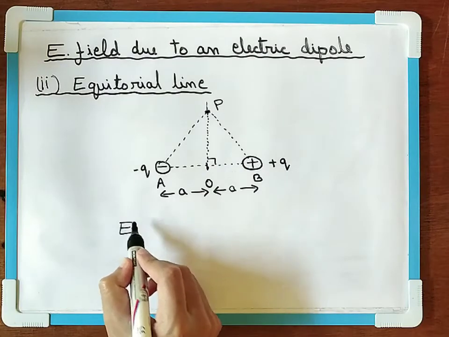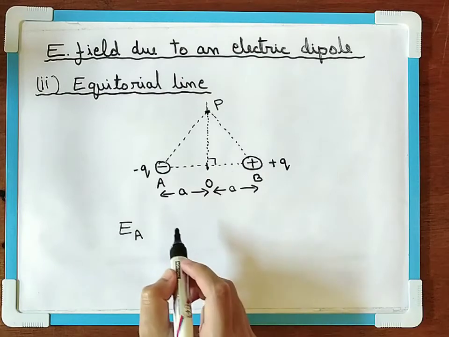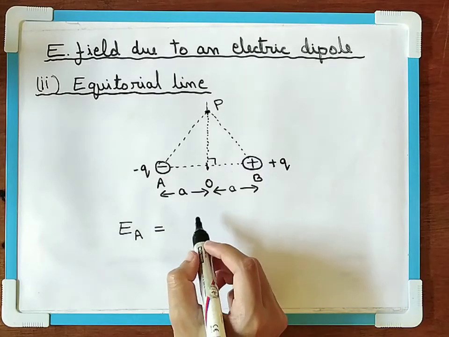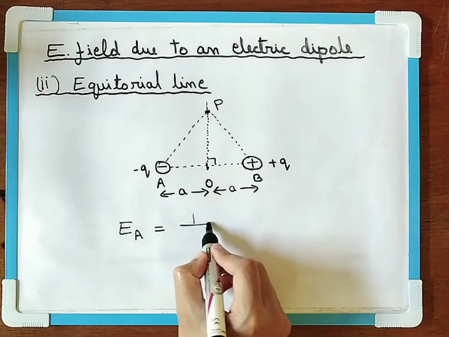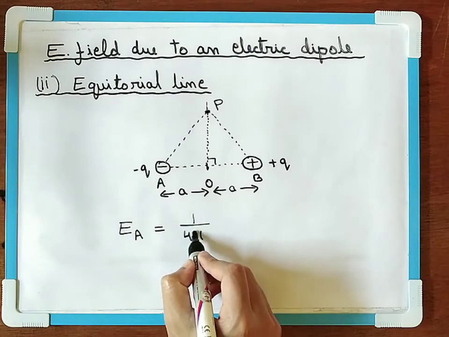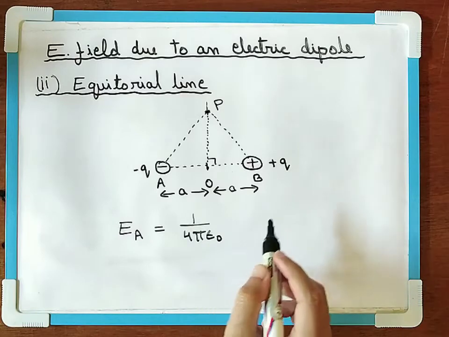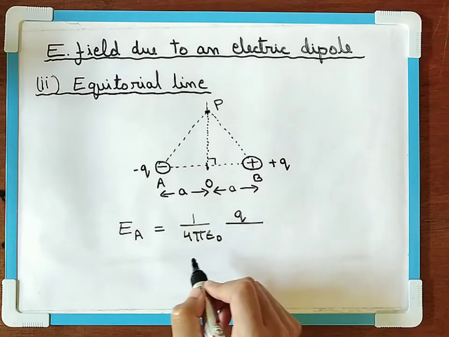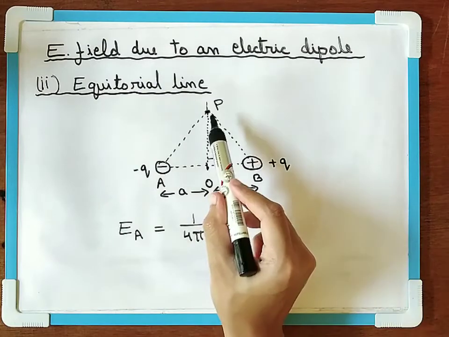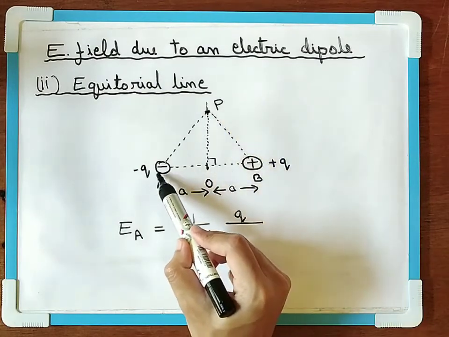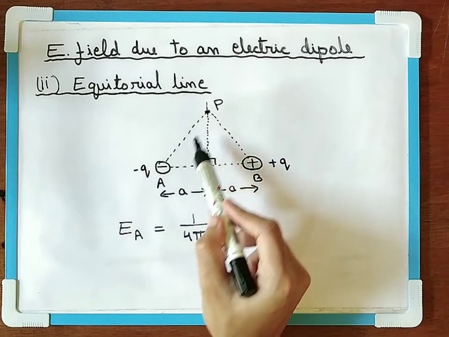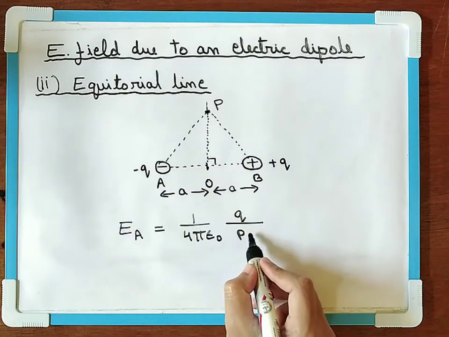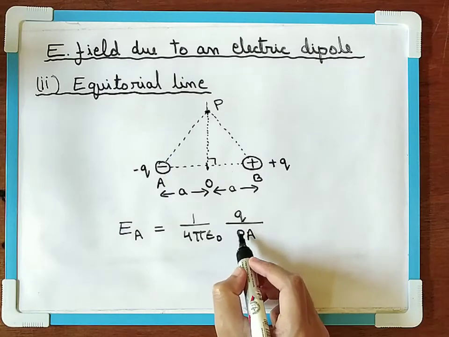So now the electric field due to the charge minus q is given by EA, and this is equal to 1 by 4 pi epsilon naught q divided by the square of the distance of the point P from the charge minus q, and this distance is PA. So here we have q by PA square.